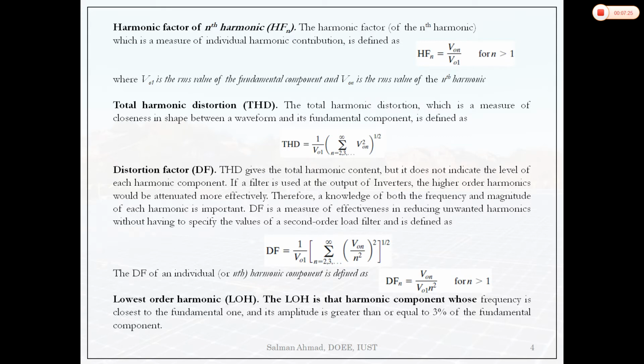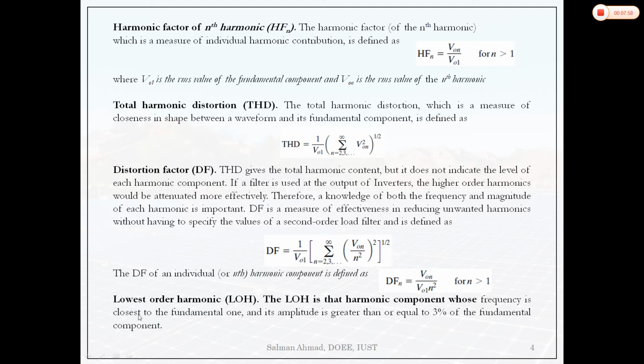Higher order harmonics are not that much of a concern because their magnitude is smaller and they can be filtered with small rating filters. THD gives the overall distortion, and the distortion factor gives the individual harmonic component magnitudes.